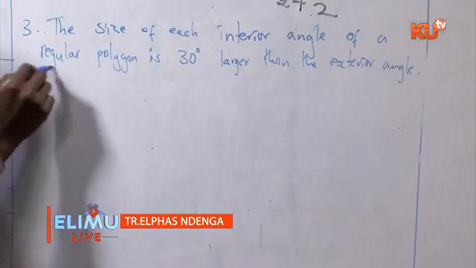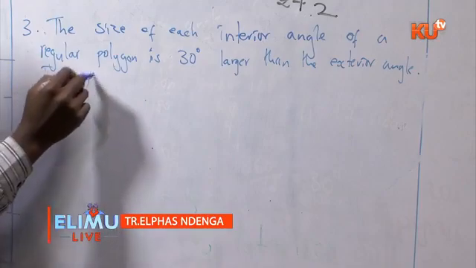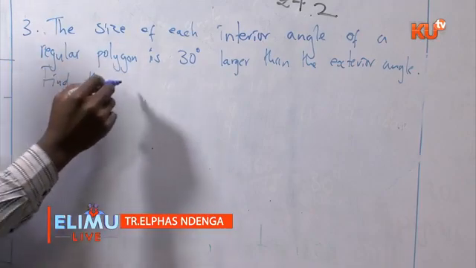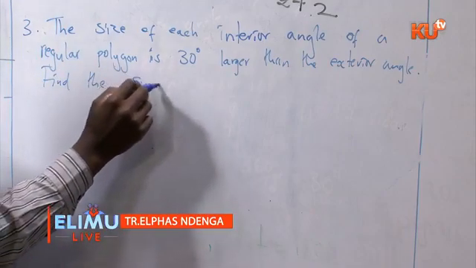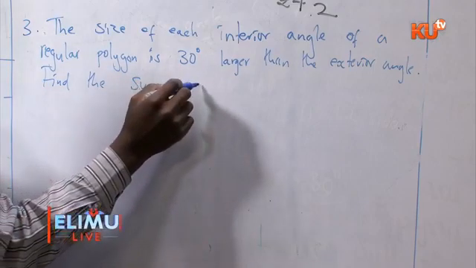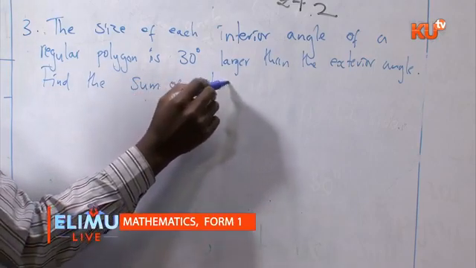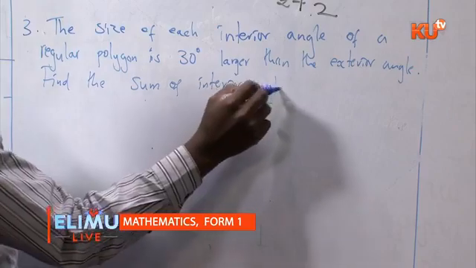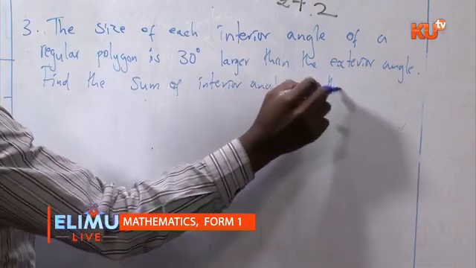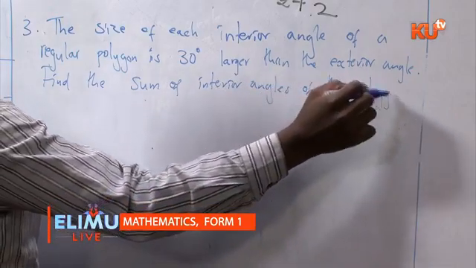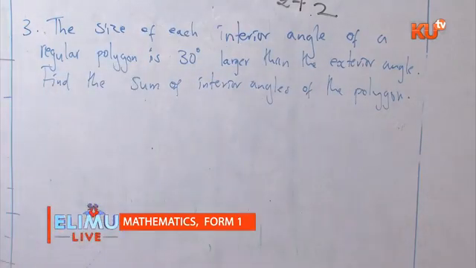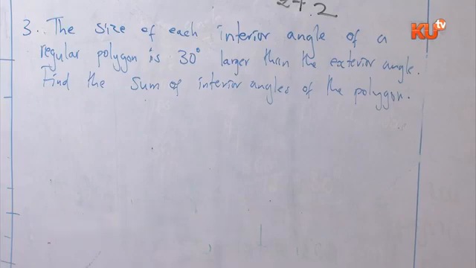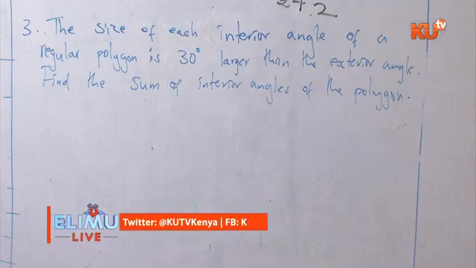Then you're told to find the sum of interior angles of the polygon. The size of each interior angle of a regular polygon is 30 degrees larger than the exterior angle. Find the sum of interior angles.